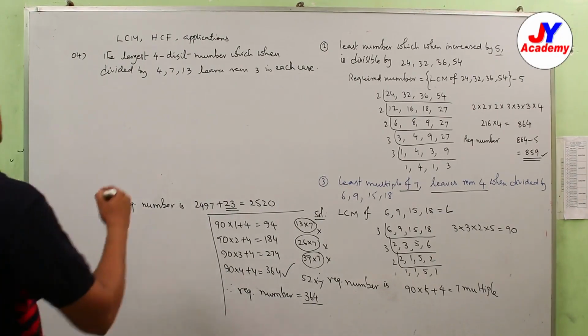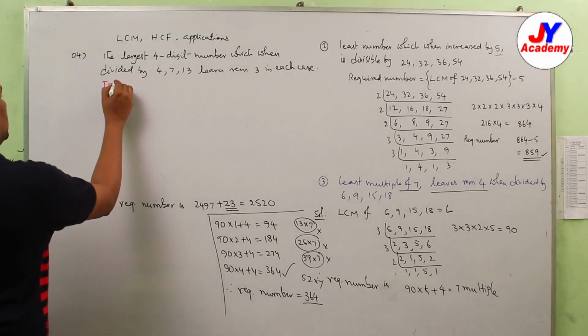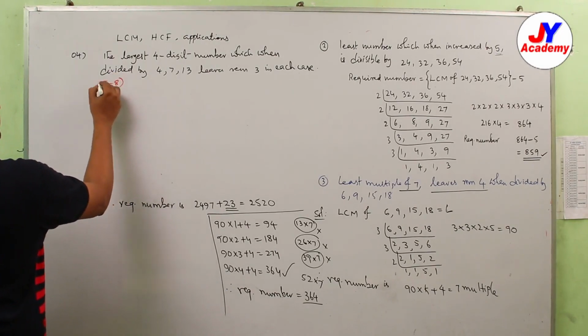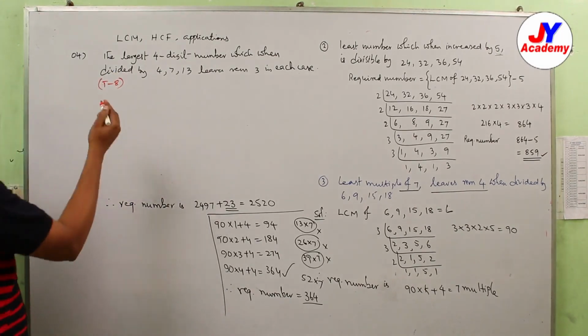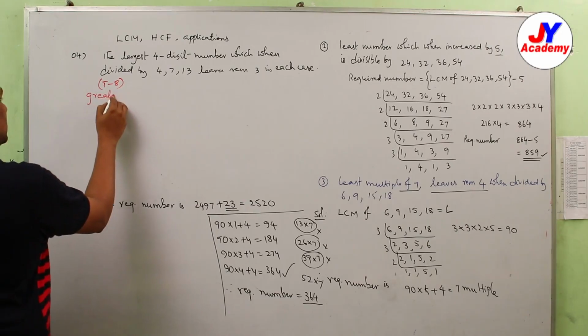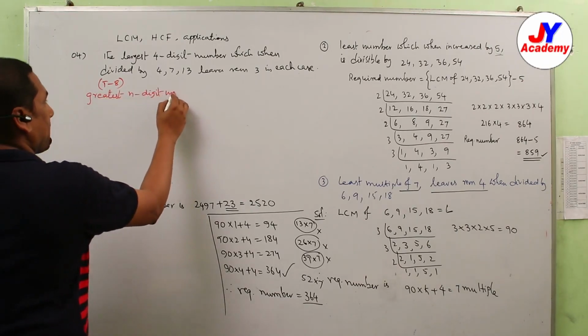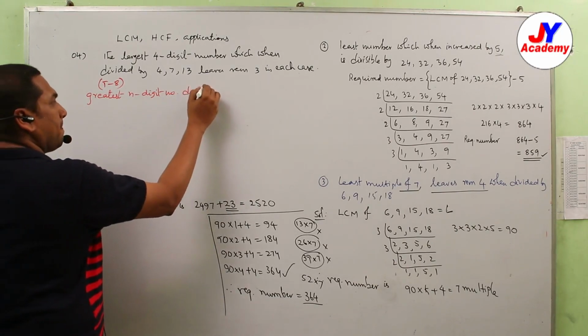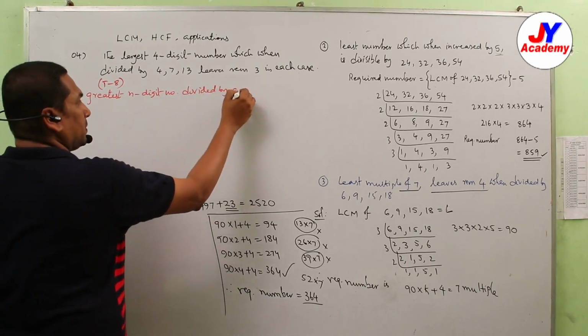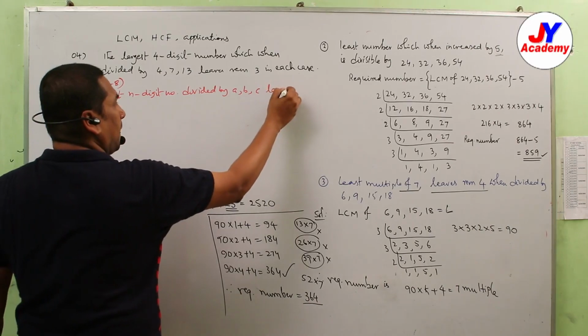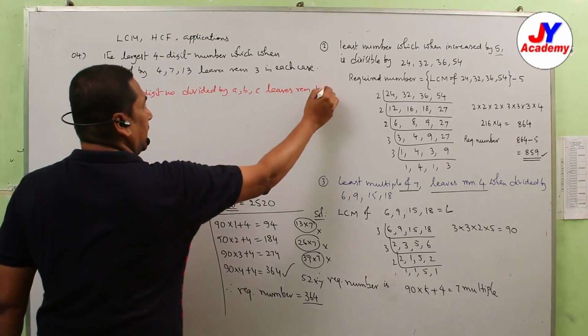So it is in type 8. What is type 8? Greatest n-digit number which when divided by A, B, C leaves remainder k in each case.